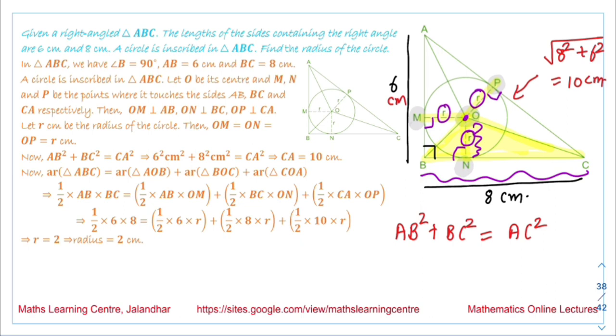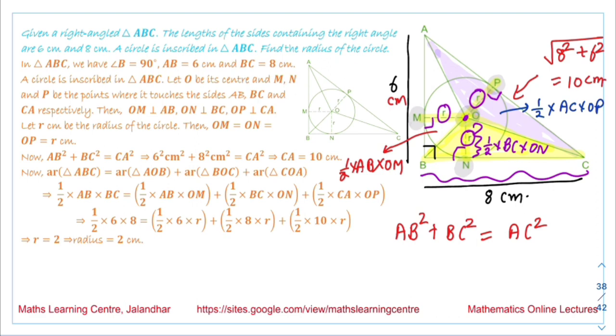So the area of this triangle is half into base into height. The area of triangle OCA will be half AC into OP. And third, we are left with this triangle, and its area is half AB into OM.